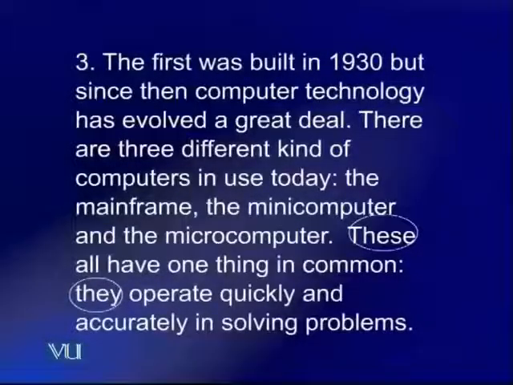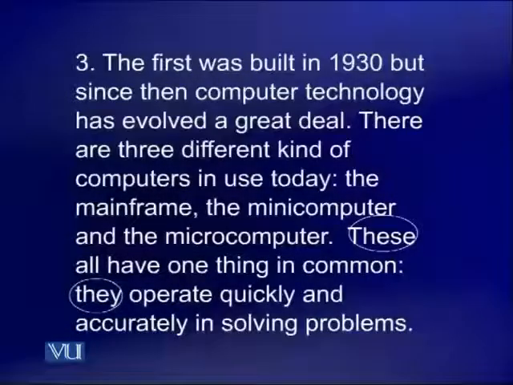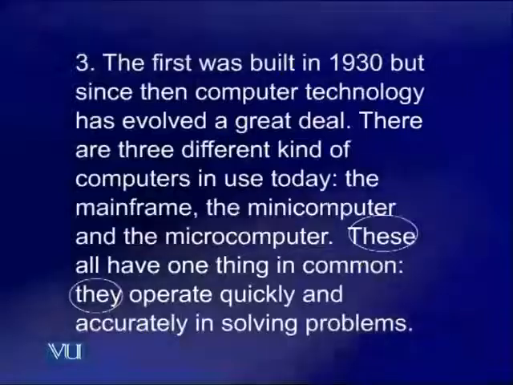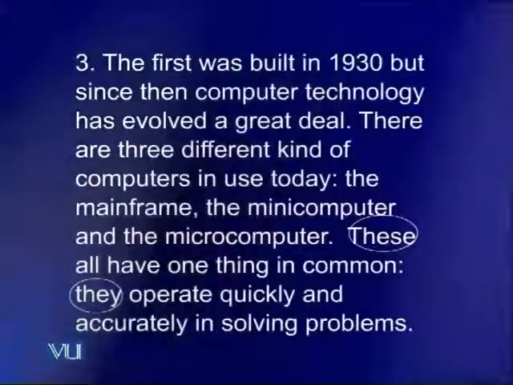Two words have been circled in this paragraph, and those words are these and they. The word these refers to the phrase in the second sentence, the mainframe, the mini-computer, and the microcomputer. These all have one thing in common.